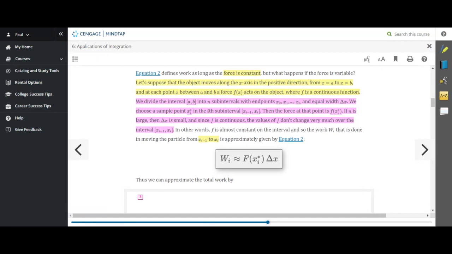So the work along that subinterval is equal to the force over that subinterval times delta x. Delta x is the distance that the object moves on the subinterval. That's just a little distance. That's the length of your subinterval. Work is force times distance.